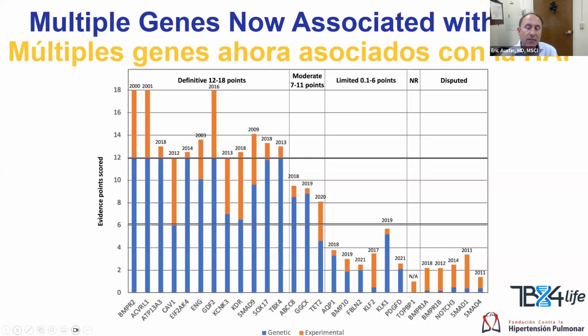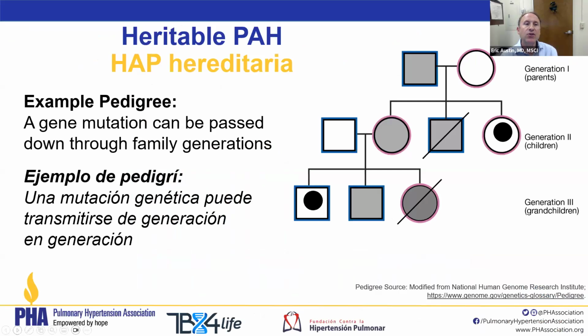And on the last slide, before I pass it off, I just want to show you, when we think about a disease that occurs in a person's family, we think about what's called a pedigree. And a pedigree refers to the notion that you have at the top there in a square a male, in a circle a female. In a pedigree, a square always connotes a male and a circle always connotes a female, at least by biologic sex. Those two top people in the first generation, generation one there, they have children.